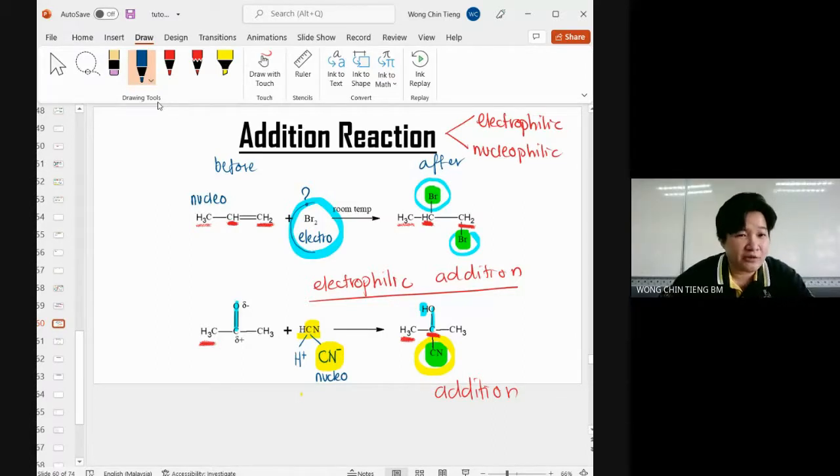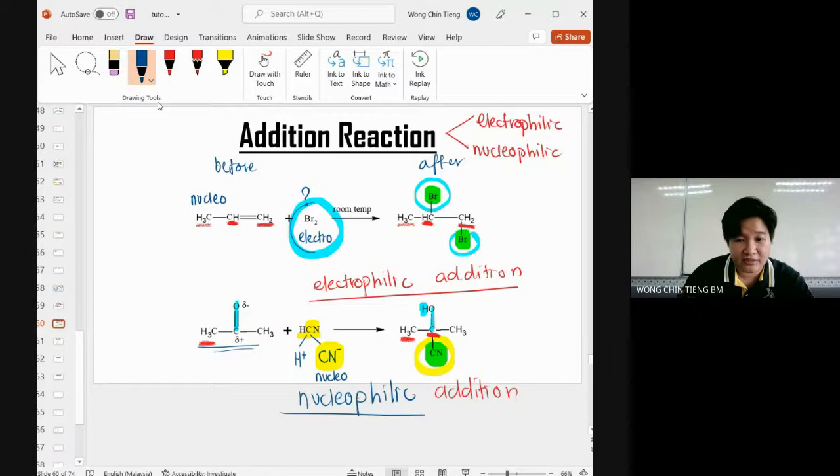So, kalau dia nuclear dan saya tak perlu cari pun dia. Kenapa saya tak perlu cari dia? Sebab dia adalah orang yang menyebabkan perubahan. Betul? Dan saya agree dia nuclear. So, kalau saya dah tahu dia nuclear, saya terus akan tahu dia adalah nucleophilic addition. Agree? Nampak?